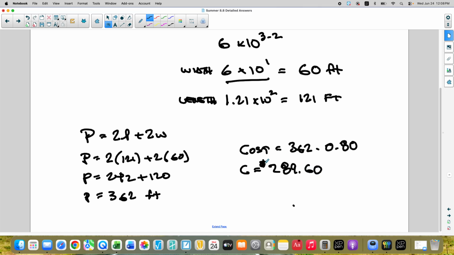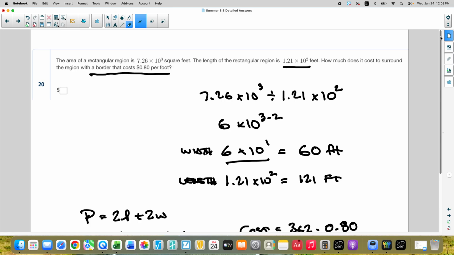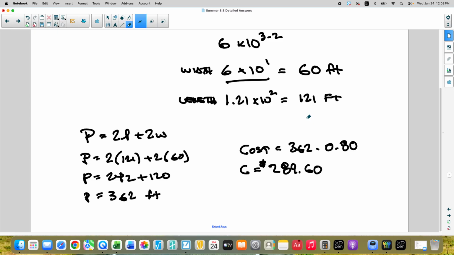The total cost for fencing that perimeter, that region. Nice. Yes. That's good stuff. That is good work in there.